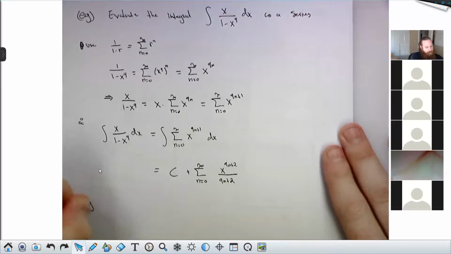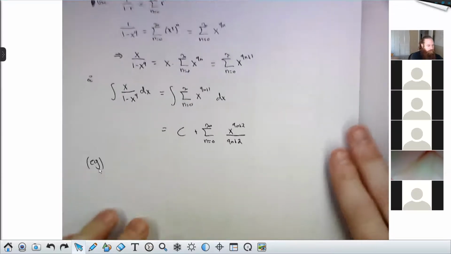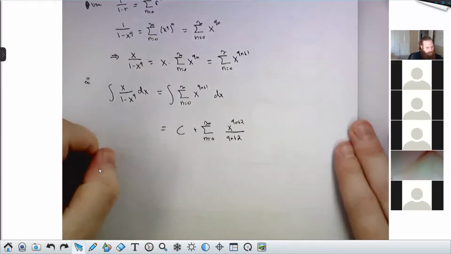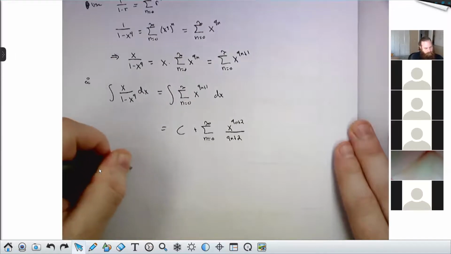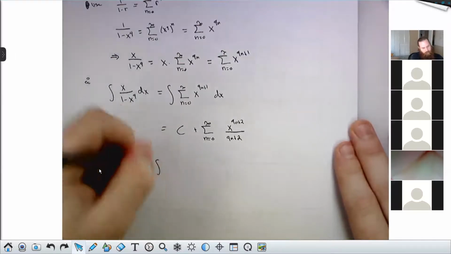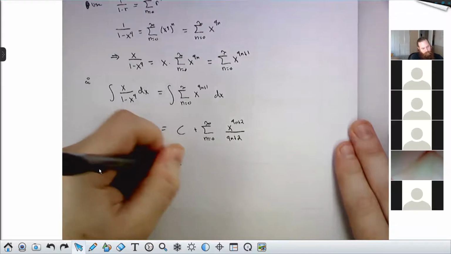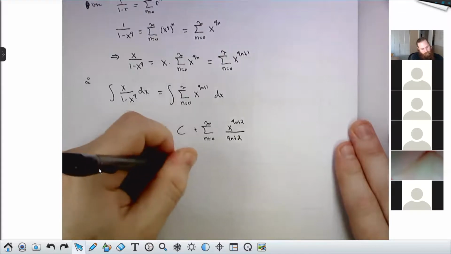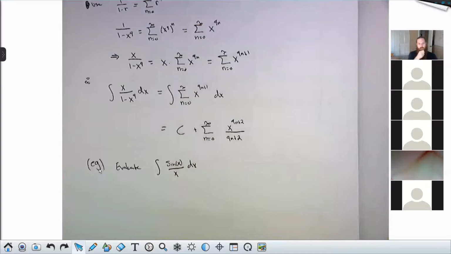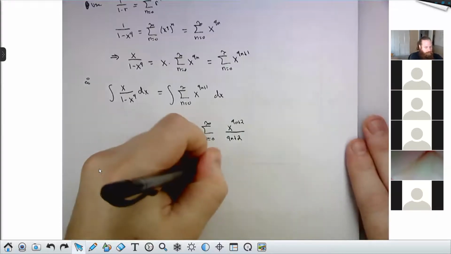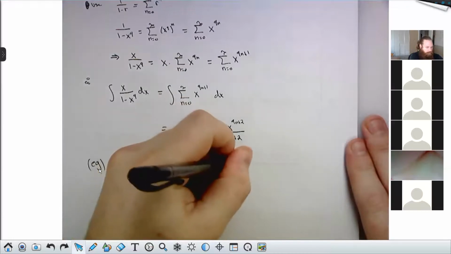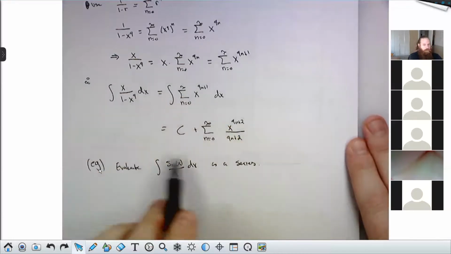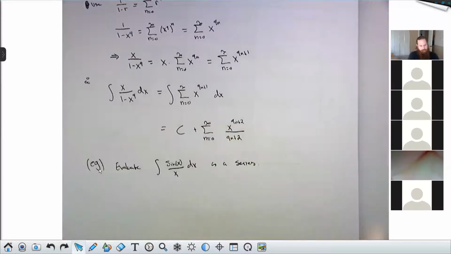Another example of an integral that you could not have done before today is the sinc integral. And there is no closed form for this antiderivative.